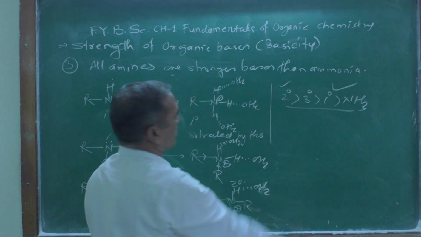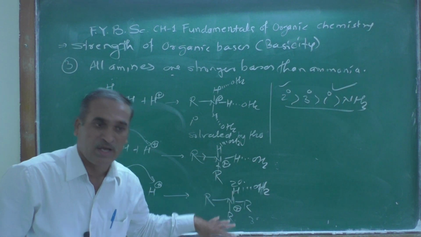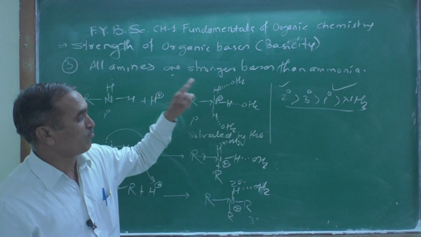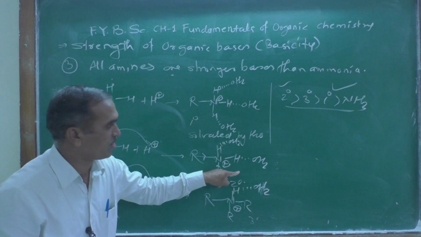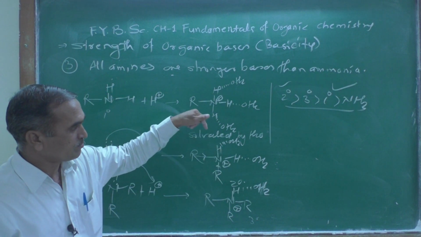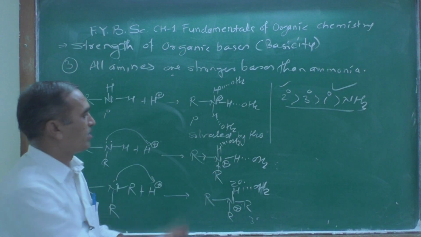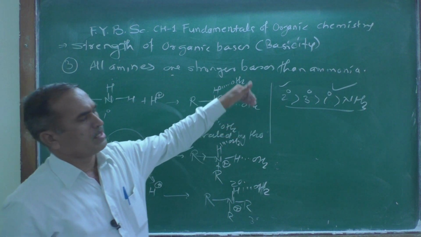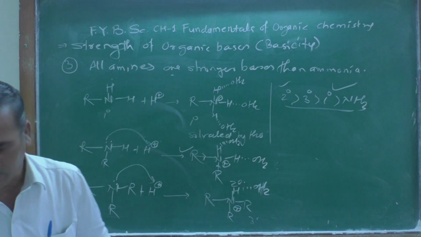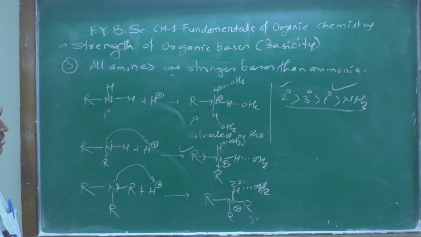Why secondary amine is the strongest one? Because that conjugate acid formed is well stabilized due to the solvation through the hydrogen bonding, and therefore this one is a stronger base than the other amines as well as ammonia.